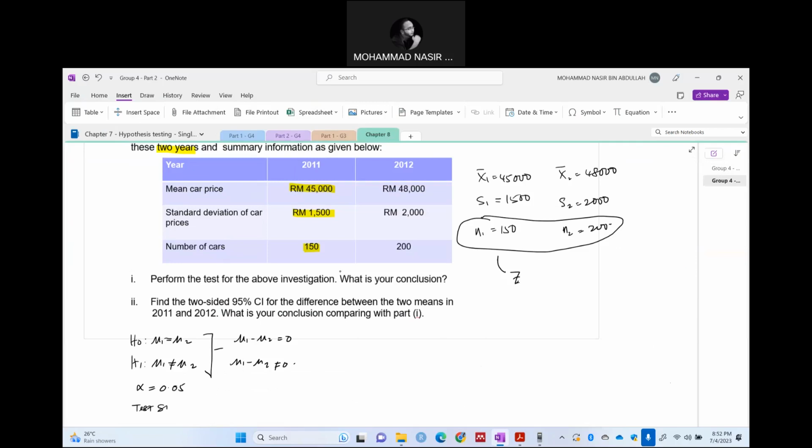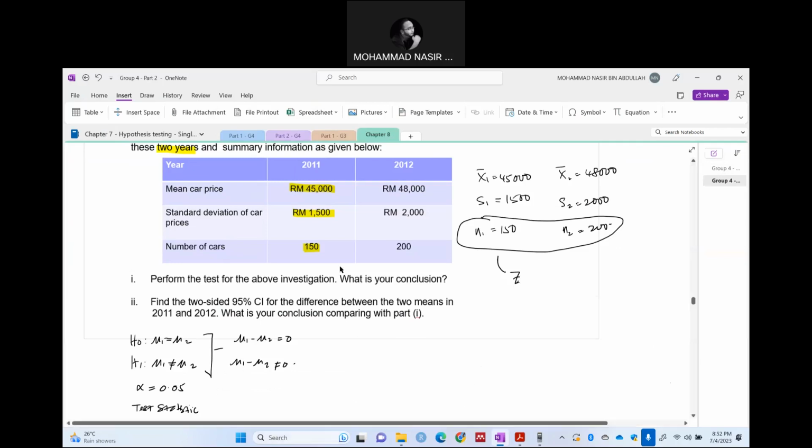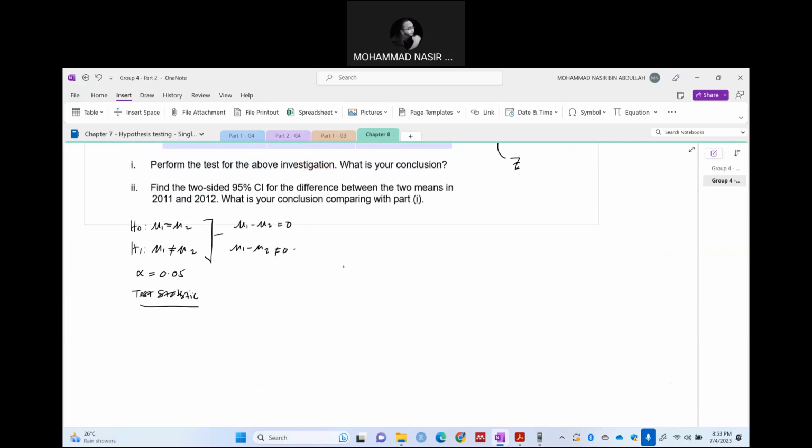Test statistic. We are using the Z distribution, right? Z equals x bar 1 minus x bar 2 minus (mu1 minus mu2), divided by the square root of s1 squared over n1 plus s2 squared over n2.